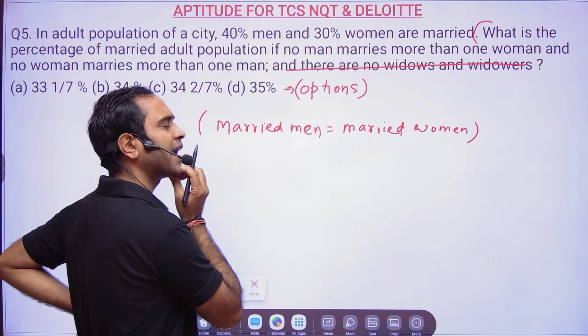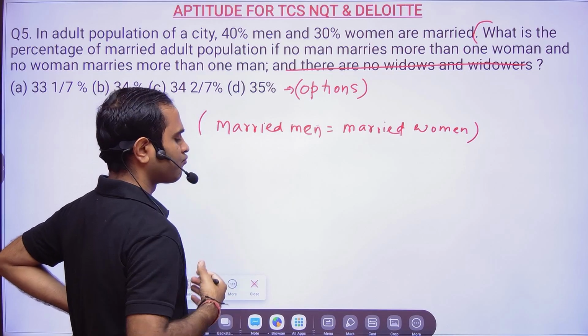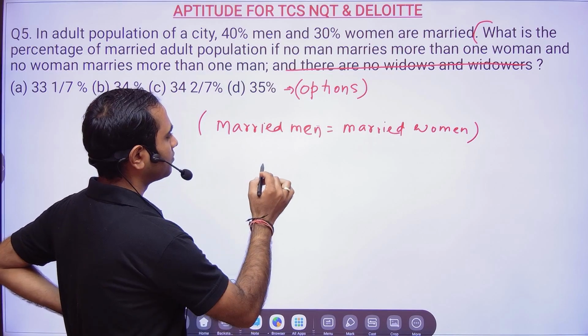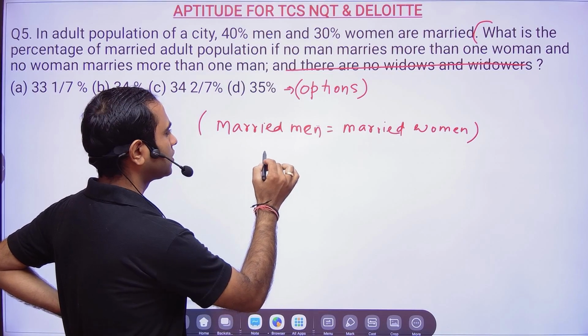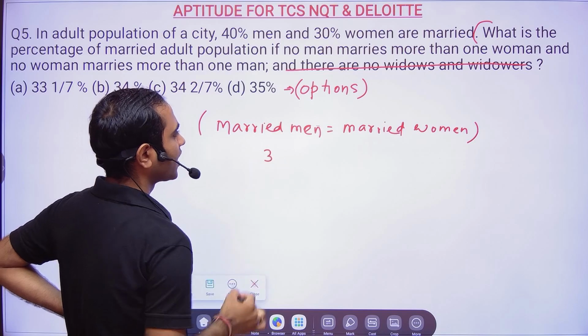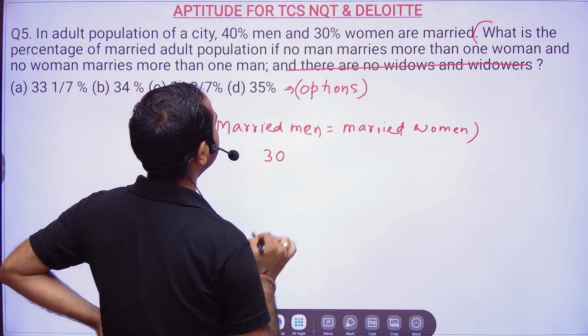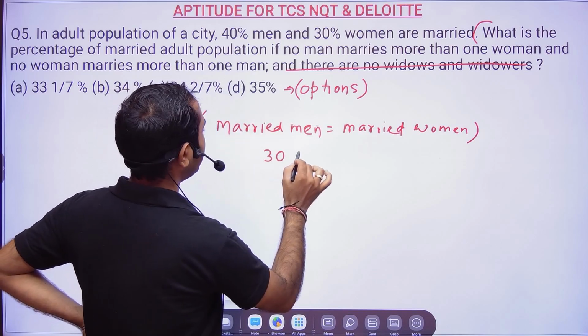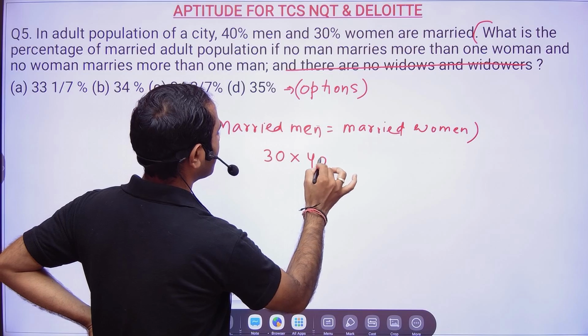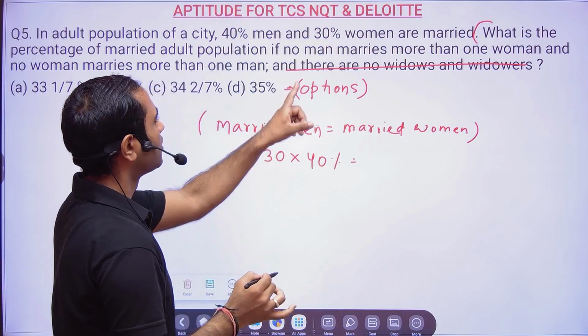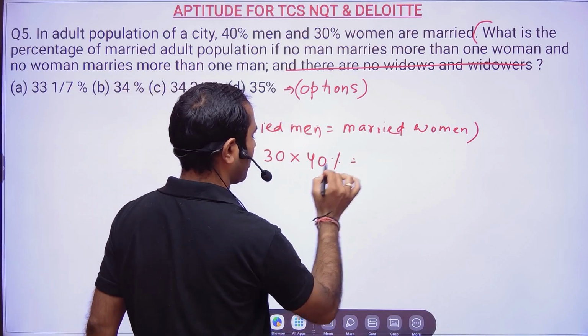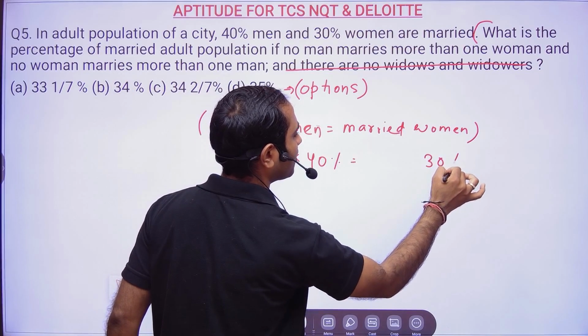So let's take one value, 30. I will take 30 here, and 40%. I'm just taking one random value. So 40% of men and 30% of women.